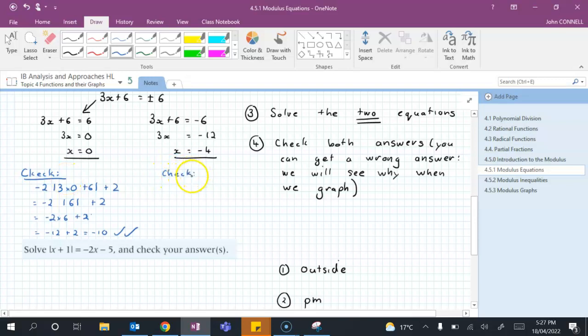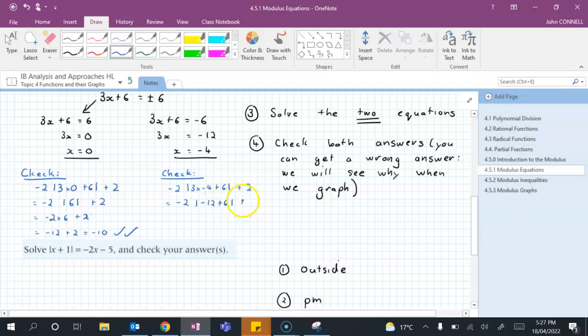And then if I go across to this one, let's check that one. So it'll be minus 2 times the modulus of 3 times minus 4 plus 6, plus 2. Now 3 times minus 4 is minus 12.